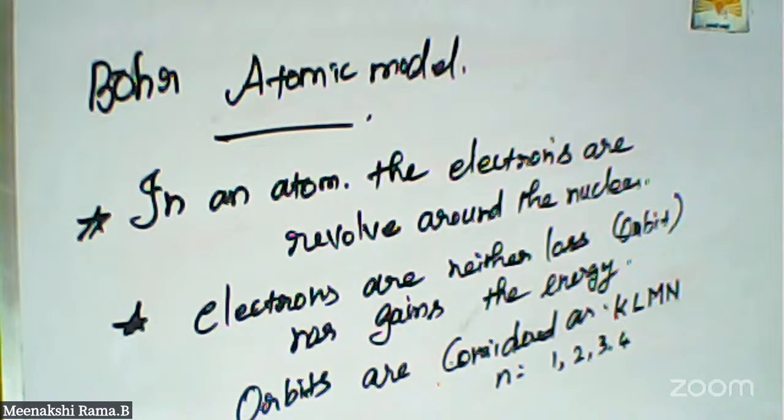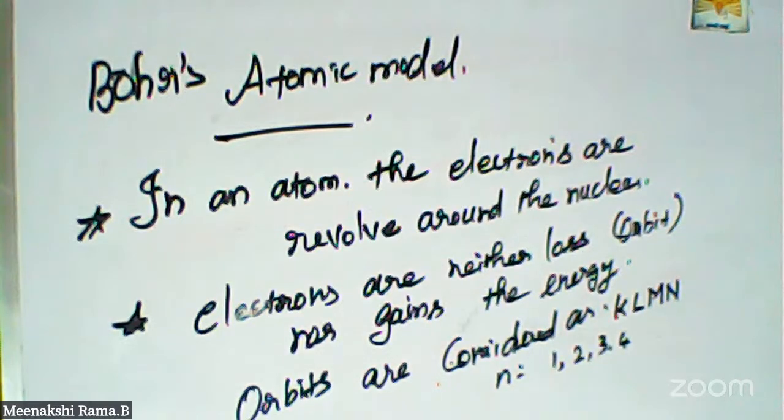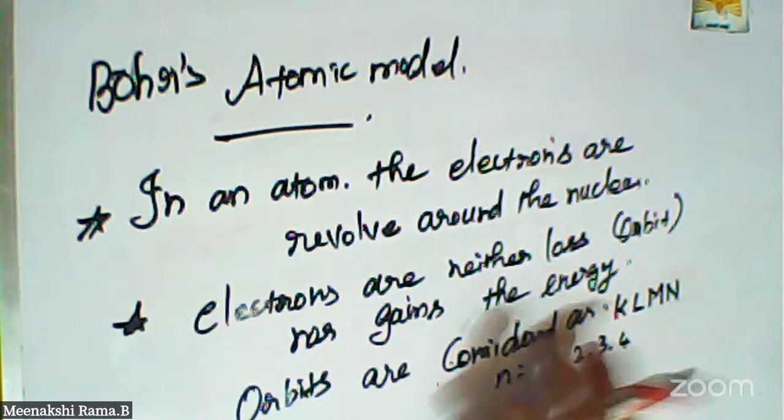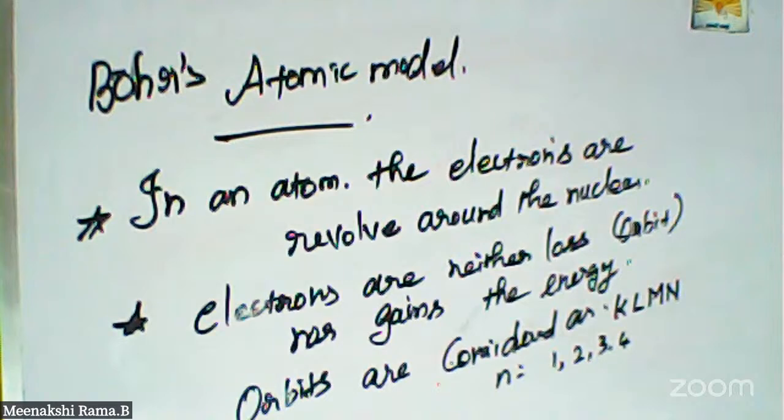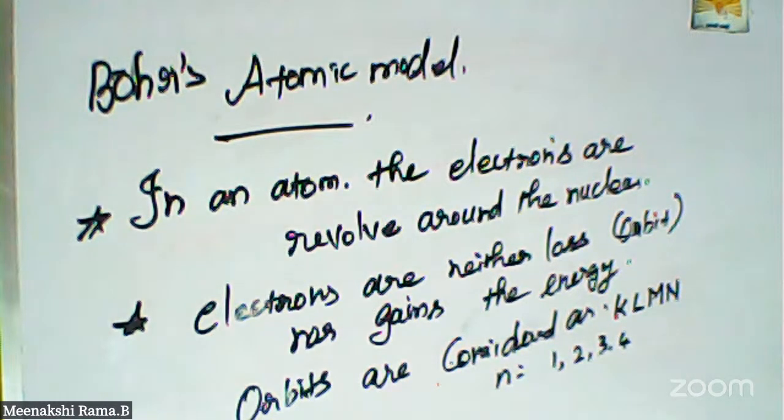So these are all the postulates of the Bohr atomic model. In Bohr's atomic model, electrons revolve around the nucleus. Electrons neither lose nor gain energy. Orbits are named K, L, M, N. The orbit energy levels are numbered 1, 2, 3, and 4.